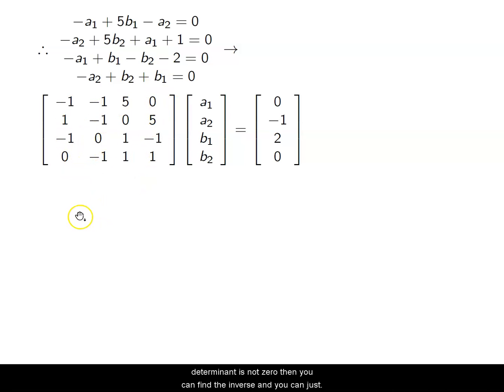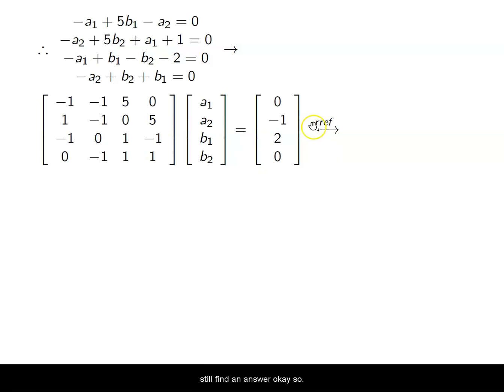If the determinant is not 0, then you can find the inverse and multiply by the inverse of this matrix. If this is not invertible, then you need to solve using the RREF form, and you'll have some funky answers in there, but you can still find an answer.